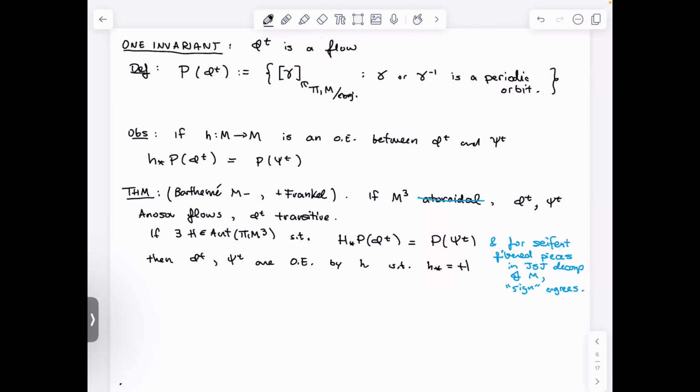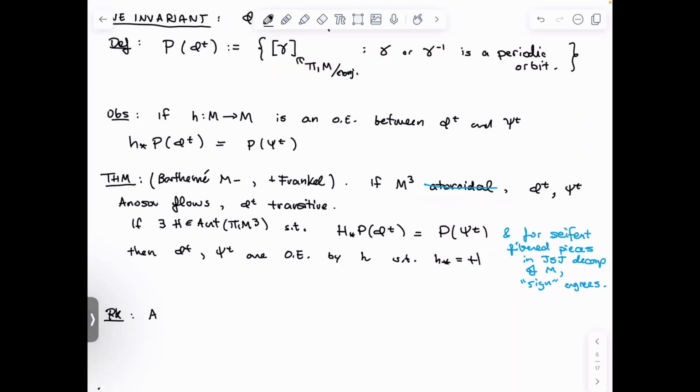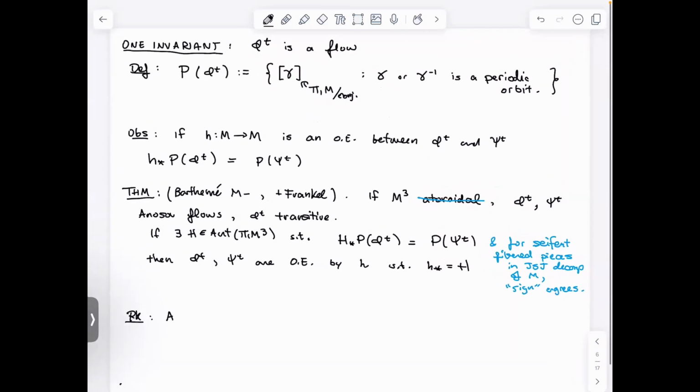For the experts, or for the people who are curious about this kind of stuff, maybe I'll make a quick remark: there's a generalization of Anosov flows called pseudo-Anosov flows. This theorem is also true for pseudo-Anosov flows.